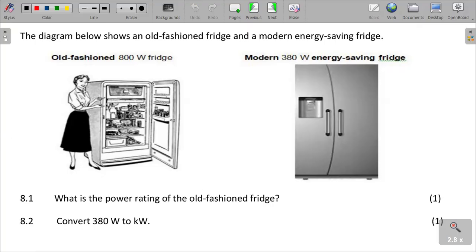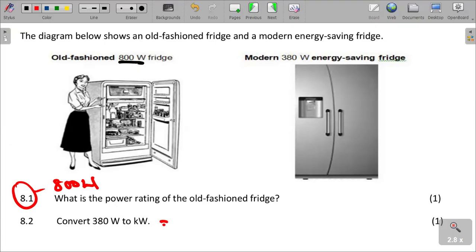It is given that the old-fashioned fridge is 800 watts. Convert this 800 watts to kilowatts.